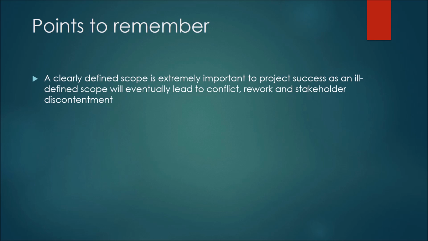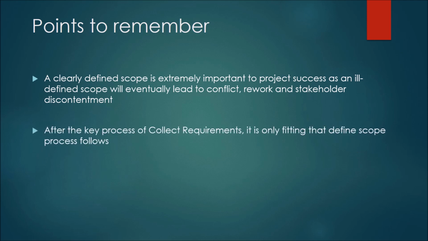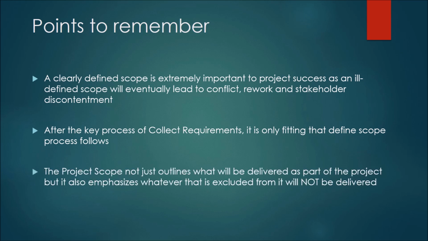Of course, nobody wants to work on a project that doesn't have the scope defined clearly. The define scope process comes after collect requirements, so you've already collected all the requirements, and it is only fitting that you define the scope after that.